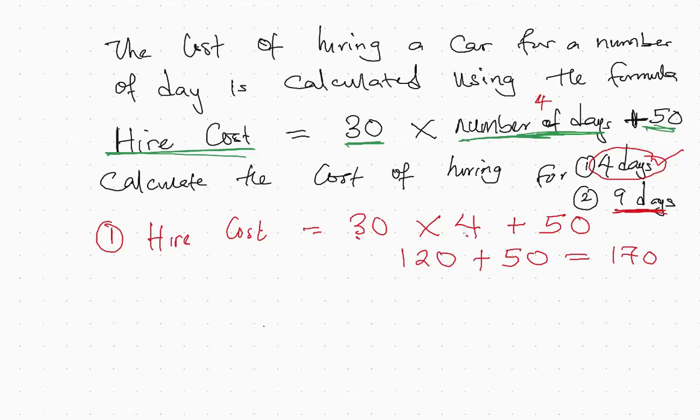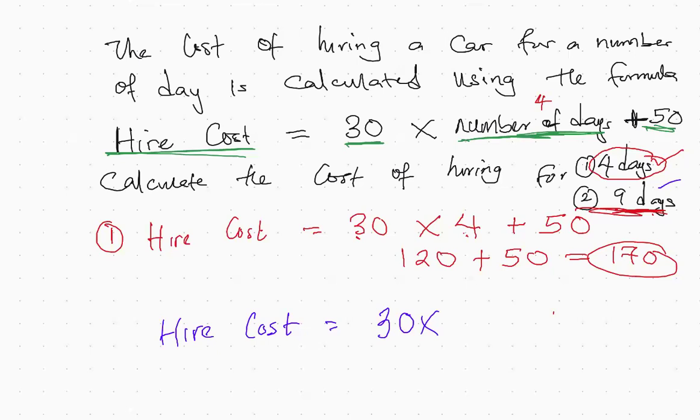Have a go. I'm going to pause the recording. You can just text your answer to me. Now, can you do it for 9 days? So for 9 days, the hire cost will be equal to 30 times the number of days, 9, plus 50.